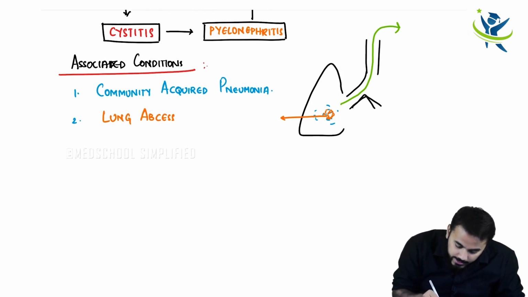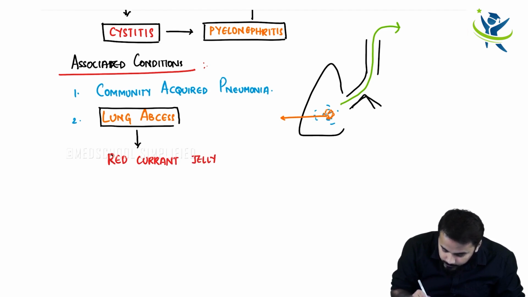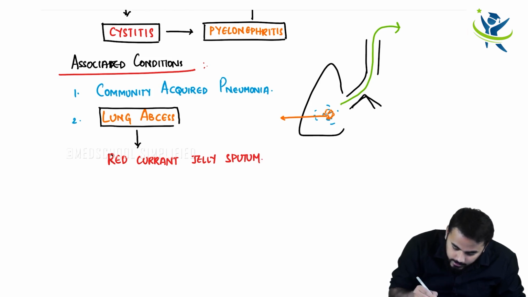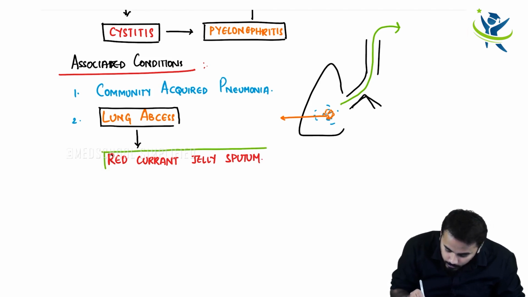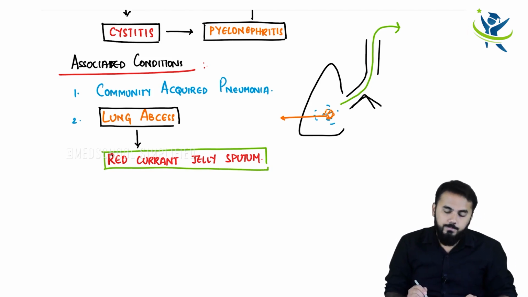So lung abscess will lead to sputum, and this sputum is called red currant jelly sputum. Okay, the sputum is called red currant jelly sputum.